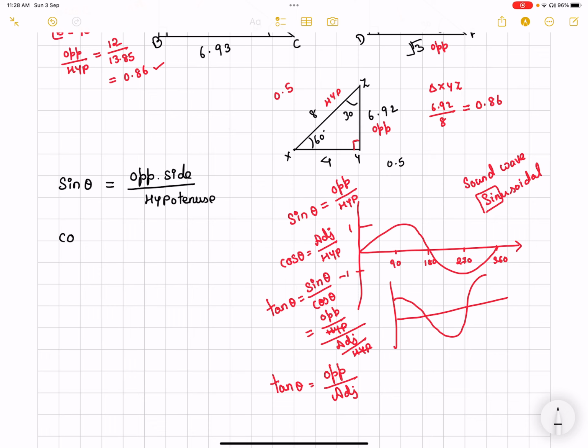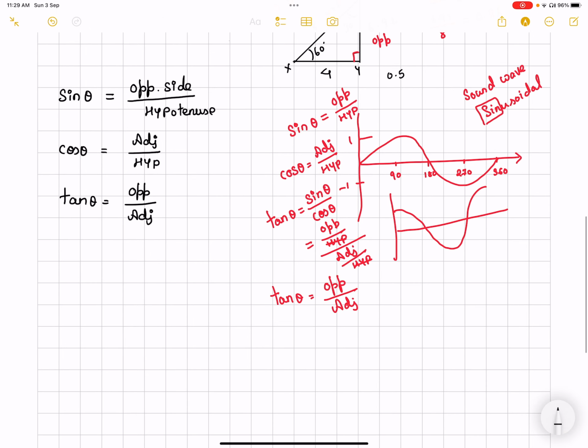Cos theta is equal to adjacent side divided by hypotenuse. And tan theta is equal to opposite side by adjacent side.